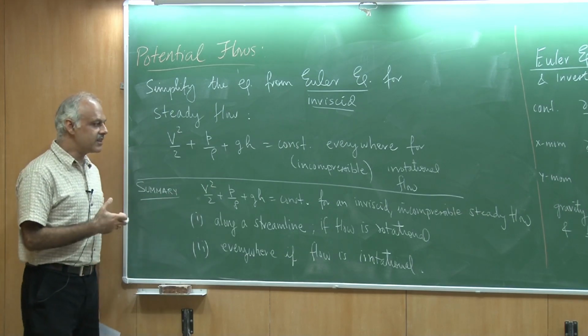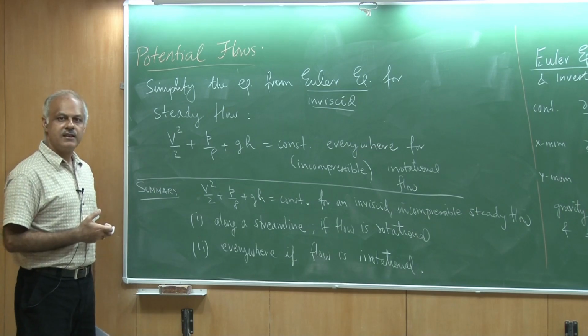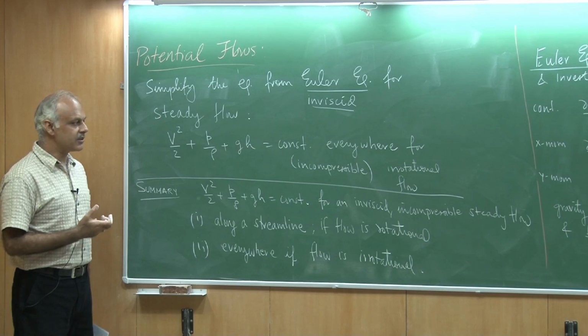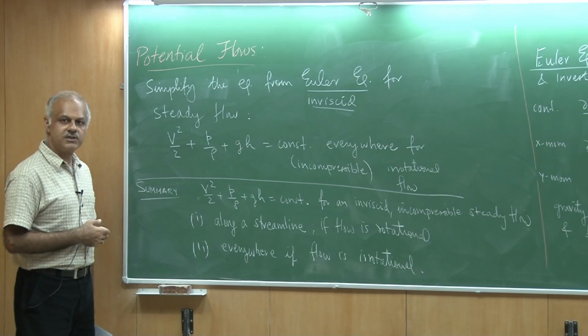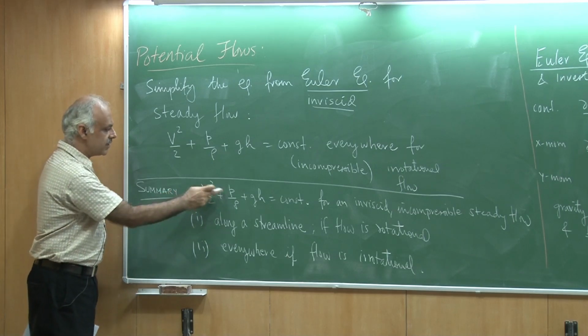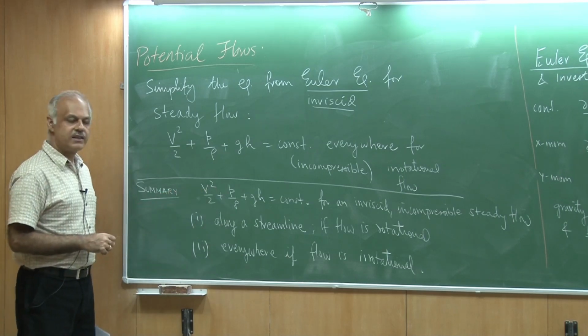So, now we have these very powerful equations that we can first get the velocity field from the Laplacian of potential or the stream function to be 0. Once we get the velocity field, we can actually use the Bernoulli's equation to get the pressure.